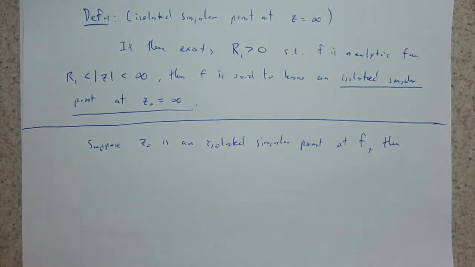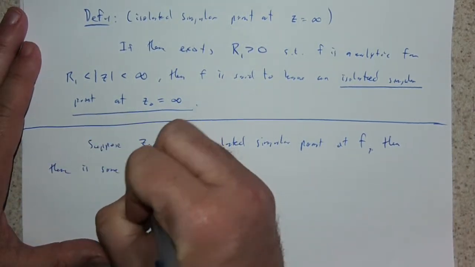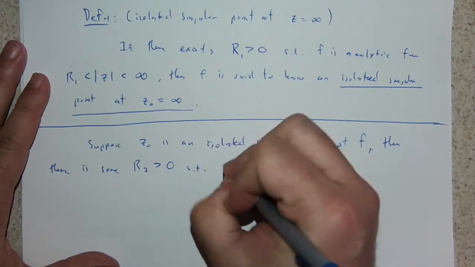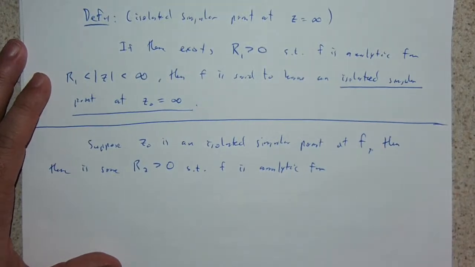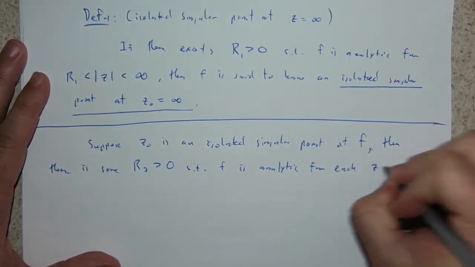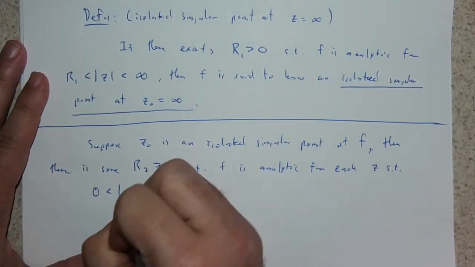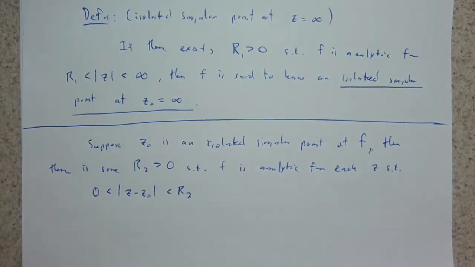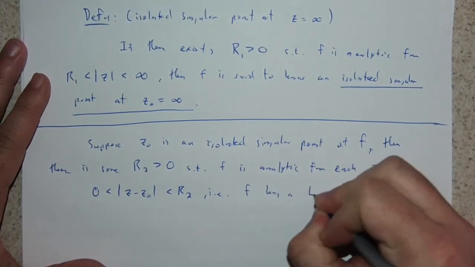Then there is some positive number r sub 2 such that f is analytic for each z such that this z belongs to the deleted neighborhood of z naught with radius r sub 2, i.e.